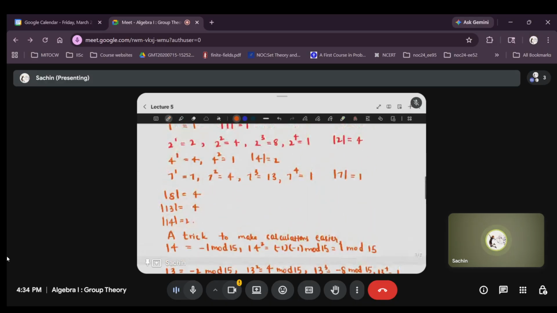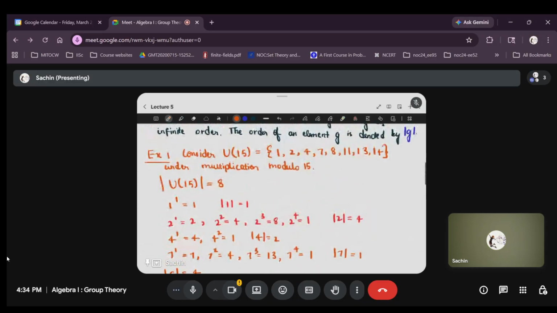Of course, for numbers that are in the middle, for example, 7 and 8, you'll have to do the calculations yourself. And if the group is much bigger, then the middle numbers are also much bigger and they might not have orders which are small.